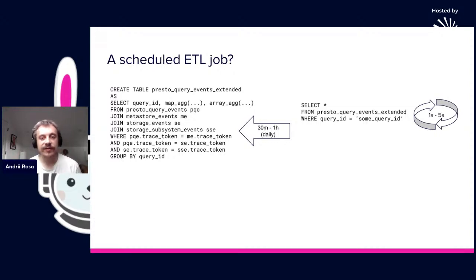It would generate a materialized table, so then I could simply query by query ID and get all the necessary information in a matter of seconds. And this was actually a pretty common use case, because very often engineers or data scientists had to join many different data sources together to figure out some insights.